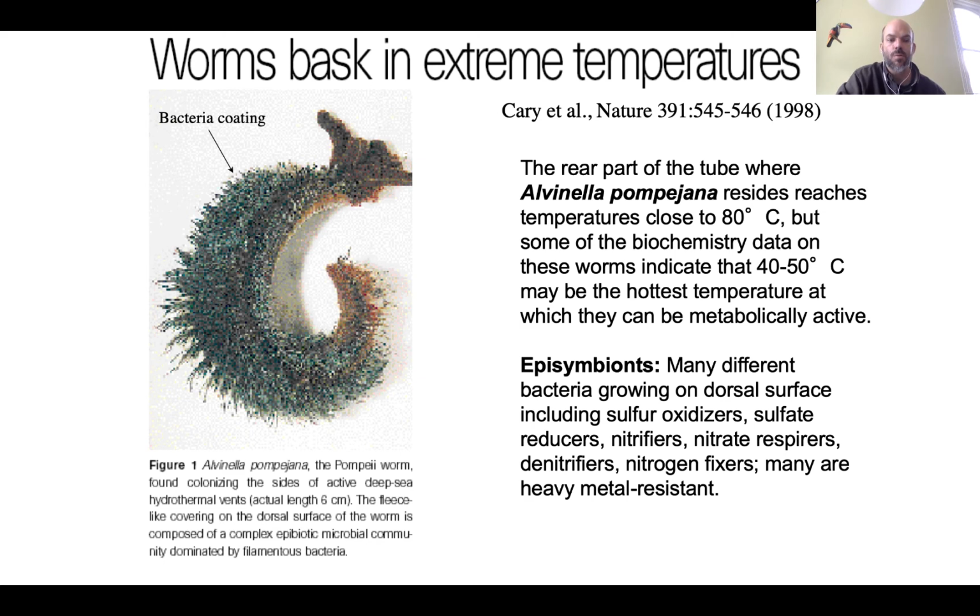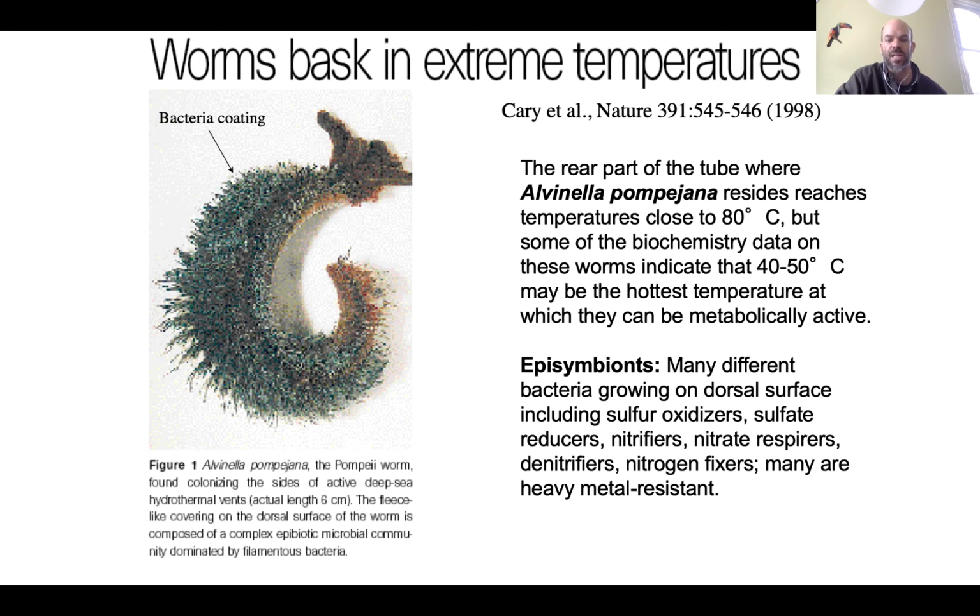Biochemistry of the worm's enzymes indicates that it probably isn't very metabolically active above about 40 to 50 degrees Celsius, but it clearly can handle super high temperatures without dying. And as far as we know, it doesn't have any endosymbionts that are running its digestive system in the way that the tube worms do, but it does have a rich coating of bacteria on the outside of its body.